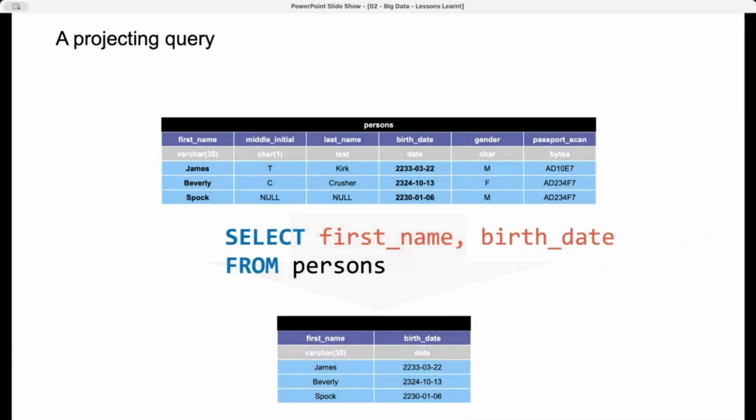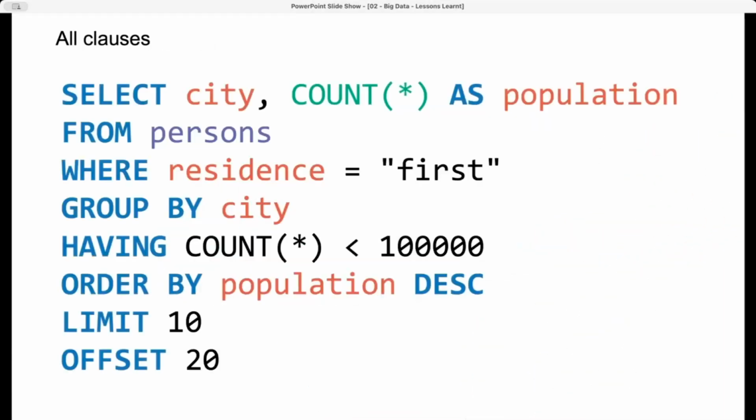So this is SQL, and actually, this here is the most general view of a SQL expression. You should learn the order by heart because it's actually a strict order. You cannot shuffle that around in a different order. So it has to be select, from, where, group by, having, order by, limit, offset. You will learn in the exercises to do it.